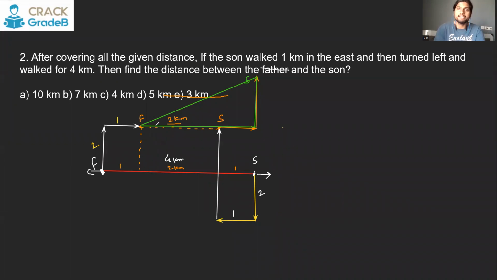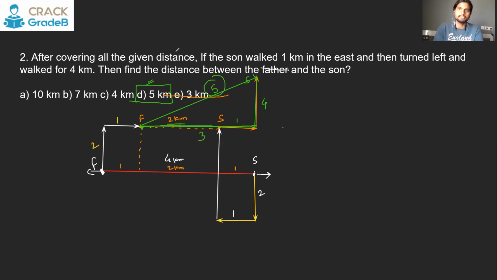So now we are looking at the triangle whose one side is going to be 2 plus 1, that is 3, and this is going to be 4. So the hypotenuse is naturally going to be 5 kilometers. So the distance between father and son is now going to be 5 kilometers. Answer option D. I hope you got this.